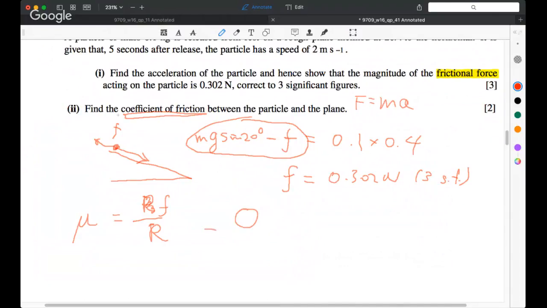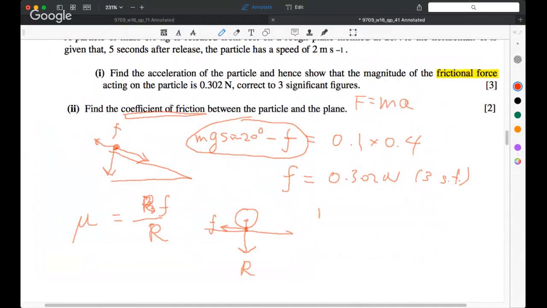So that would be our particle. The normal force is just the component of the force perpendicular to the plane, R. Because of this normal force, there will be a friction, F, and the coefficient of friction is simply the ratio of them. So what's the component perpendicular to the plane?